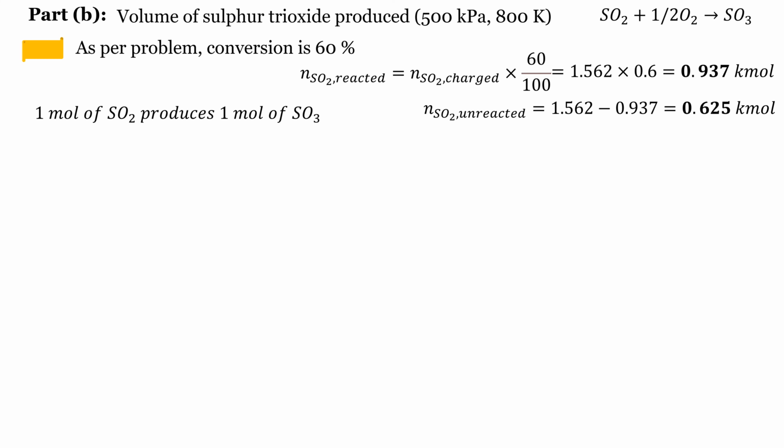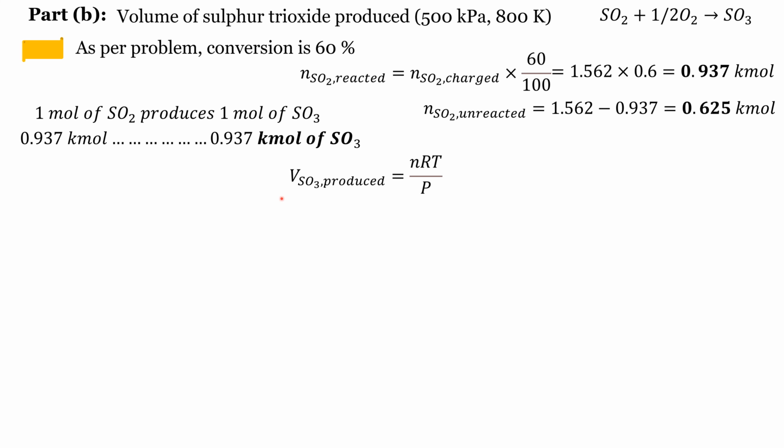Now as per the stoichiometric equation we can write 1 mole of SO2 will produce 1 mole of SO3, and 0.937 kilomole of SO2 got reacted. So corresponding to these moles we will obtain 0.937 kilomole of SO3.